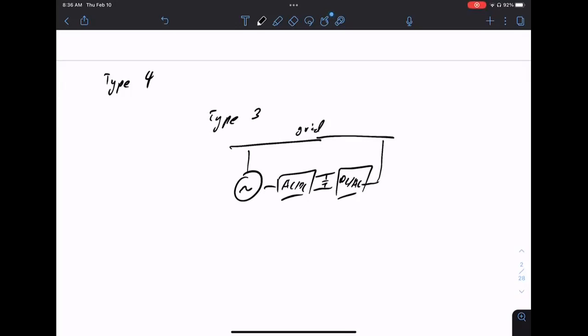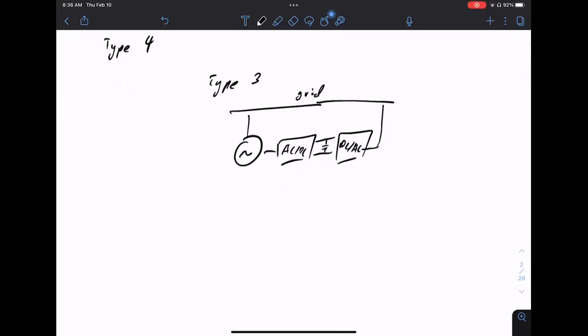So type 4 says, let's not even worry about the grid. Let's just take a synchronous generator. If you're a synchronous generator, you don't need an external frequency. You have a magnet that's turning, so whatever that frequency is, that's fine.